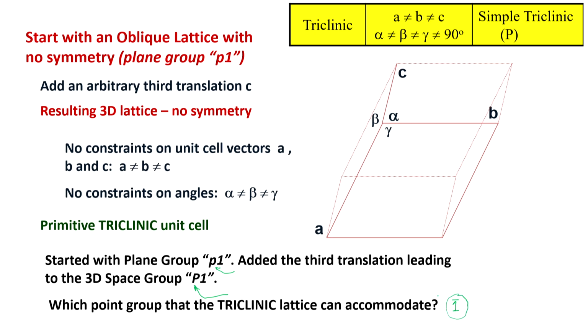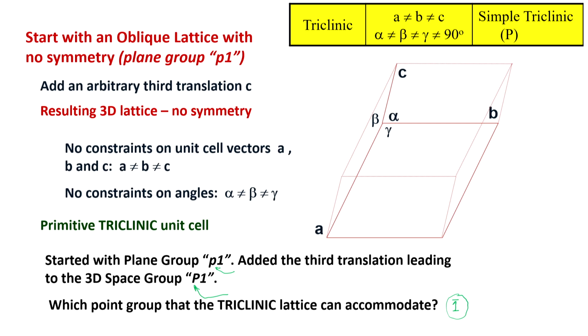In fact, I have pointed this out in an earlier lecture as well, that all lattices, regardless of what crystal system they belong to, always have an inversion center; only when you add the motif, that inversion center may not be there in the crystal structure. So, any lattice will be able to accommodate the inversion symmetry. So, even if I add inversion, I will still get a primitive triclinic lattice.